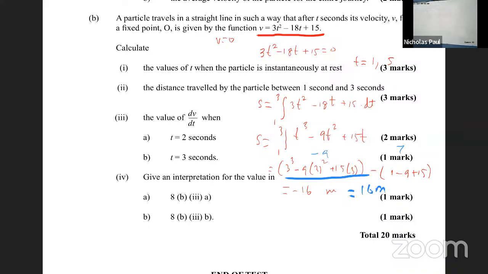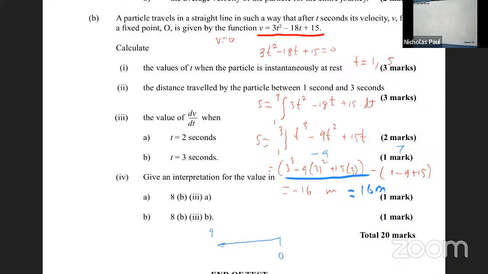So basically, here's what happened. You have to have an idea what's going on. Here's O, where the starting point is. So at 1 second, the displacement was here, 9 meters away.